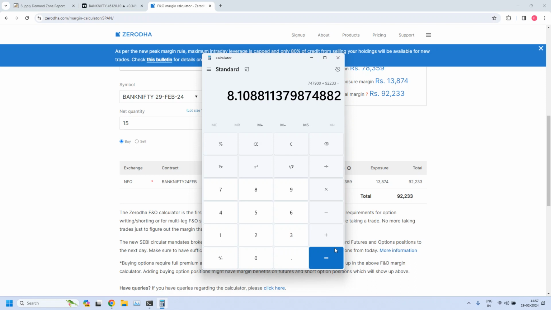The 75 minutes demand zone has given an excellent trade for us, which we missed today. 8.1 ROI means superb. If you would have taken two Bank Nifty futures, definitely you would have got close to 15,000 rupees profit.